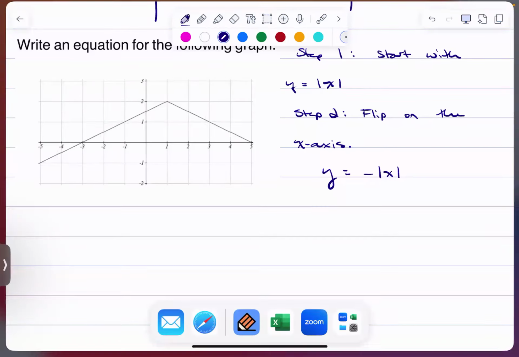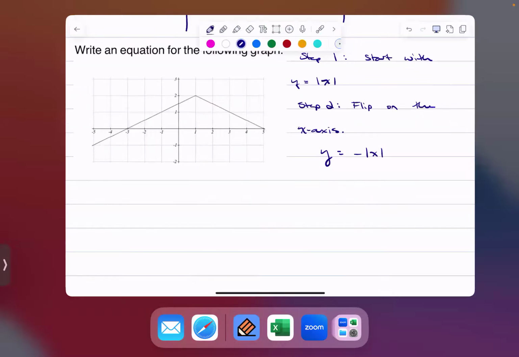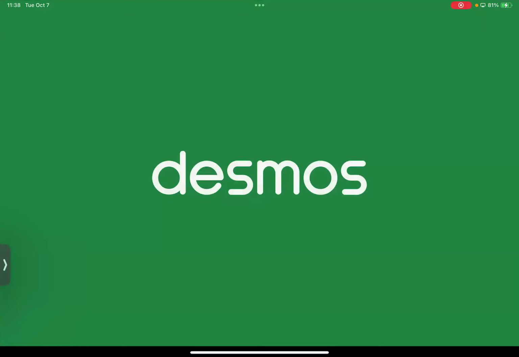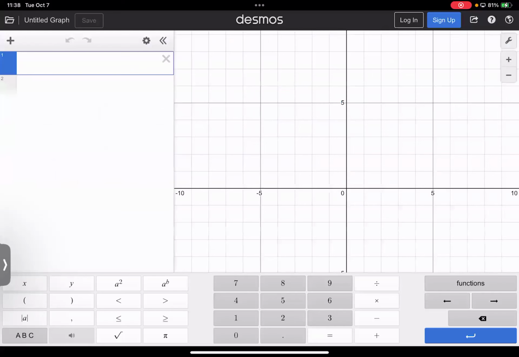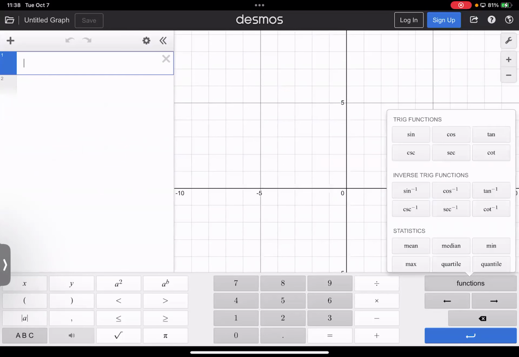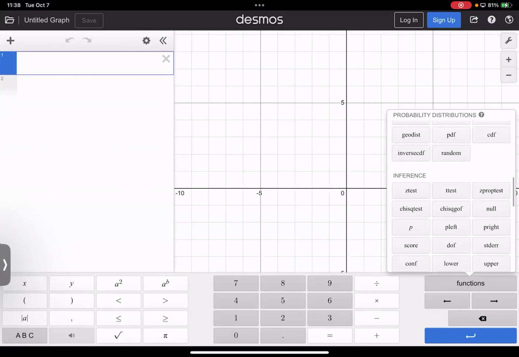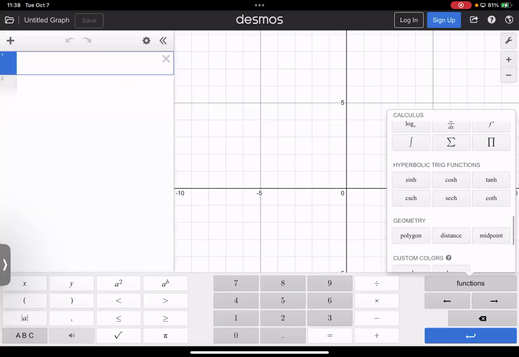And we can check in, where's my Desmos? Here. If it behaves. Okay. The absolute value of x, I don't have a shortcut here, but if you go into your functions, it just might have some functions here.